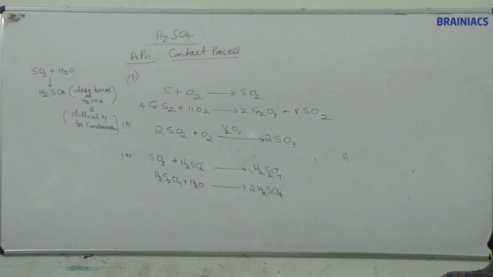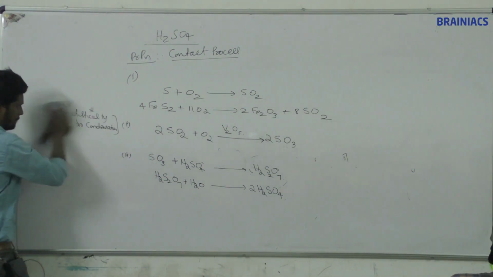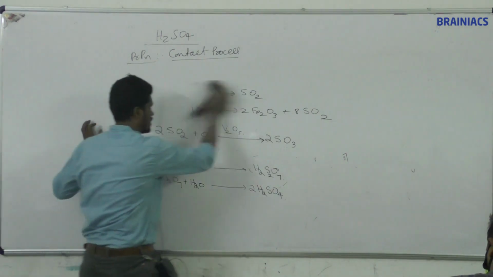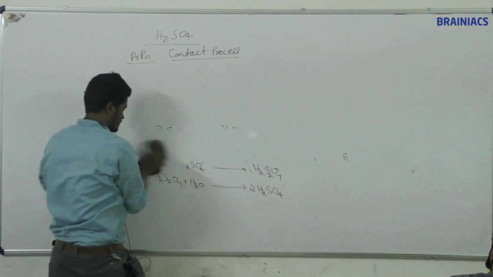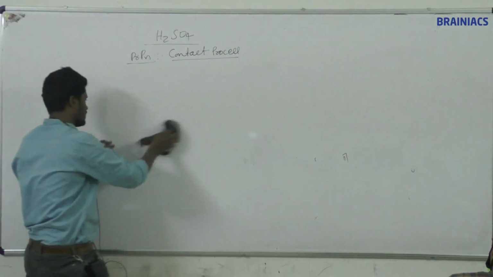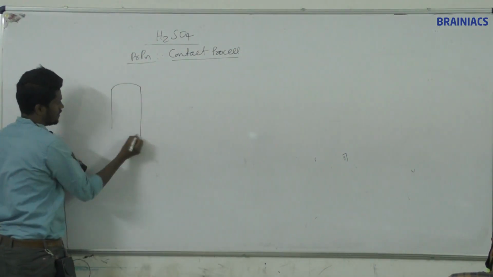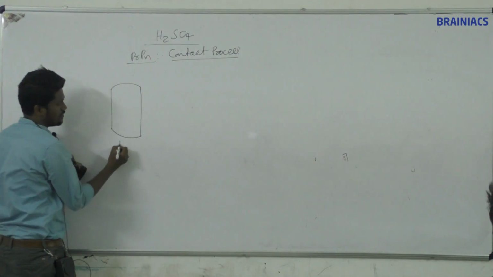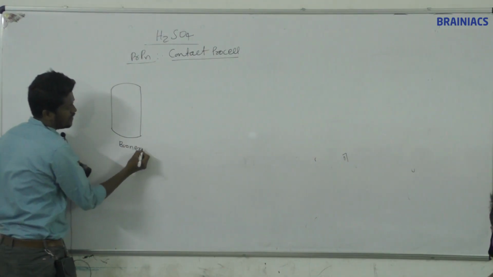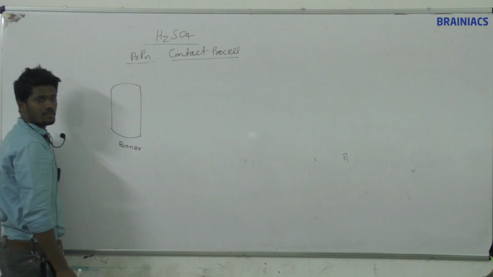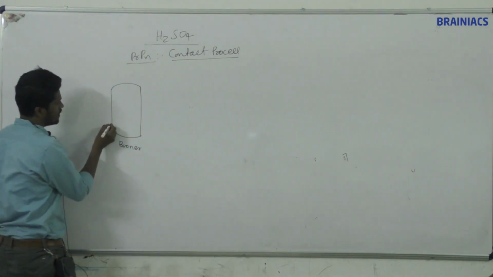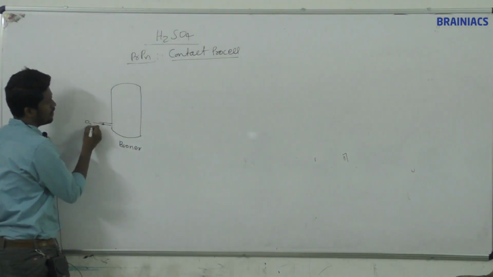Okay, the preparation of sulfuric acid by the contact process involves 3 steps. First, the burner. The first step is burning sulfur in the presence of oxygen.